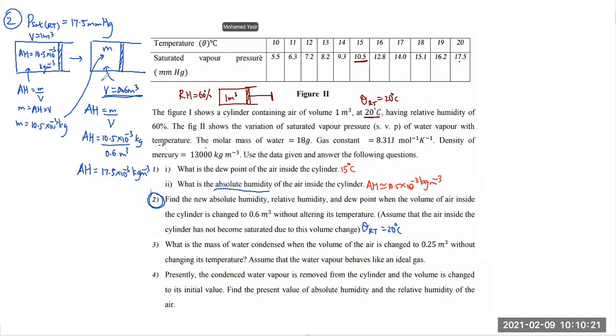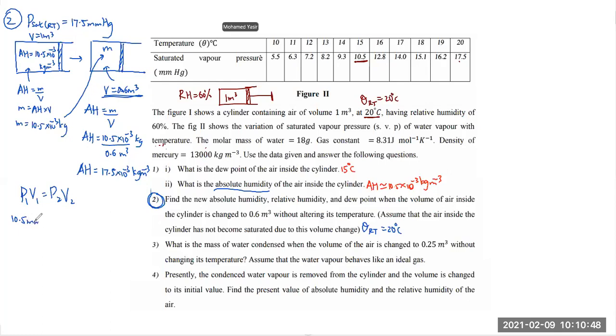Since the air is not saturated, you can go for gas law. We are not changing the temperature, so let's use P1 V1 equals P2 V2. P1, the initial pressure here, I think we found it. It was 10.5 millimeter mercury, isn't it?